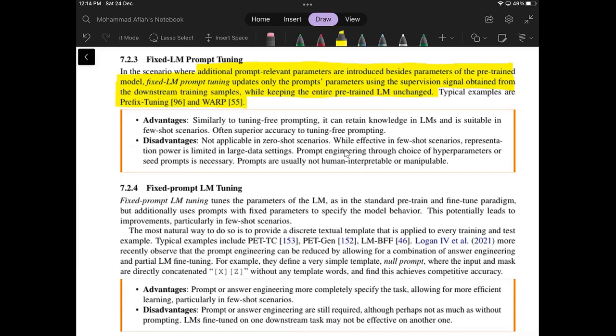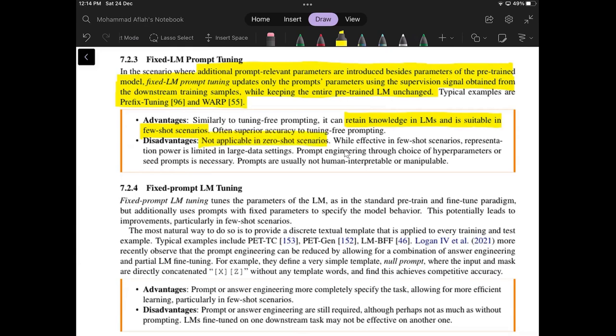Advantages are similar to tuning-free prompting. It can retain knowledge in language models since their parameters are not updated, and is suitable in few-shot scenarios. And of course, tuning gives better accuracy than tuning-free prompting in many cases. Disadvantages: it is not applicable in zero-shot scenarios.